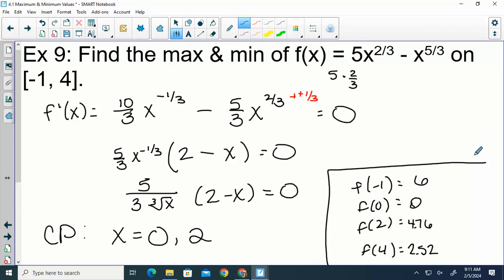So our max is and our min is... Everybody understanding how I'm getting my critical points and finding our max and min here?